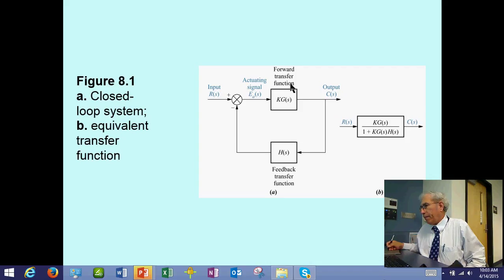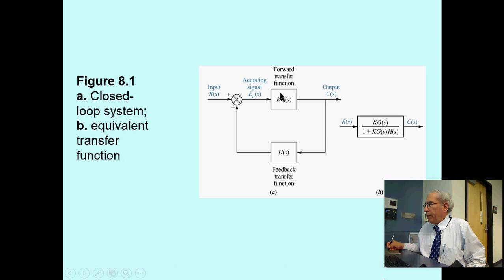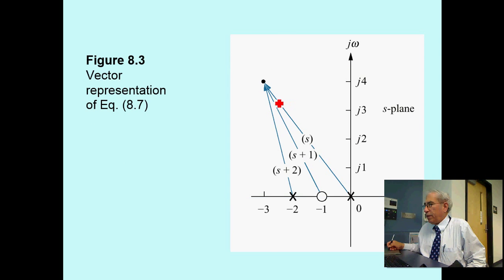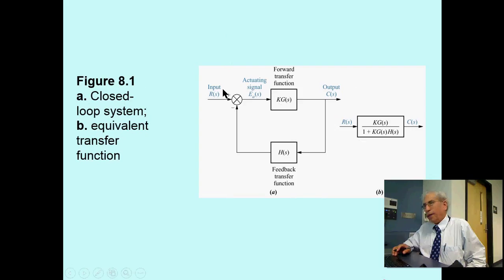Then you have a feedback loop in here. And having this basic system, we can obtain this transfer function in here. We're assuming in here you multiply k times G, which is the gain.